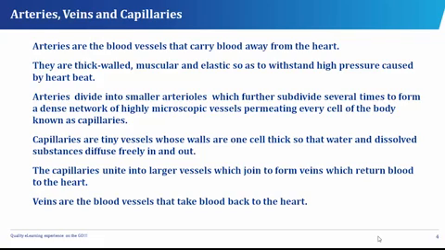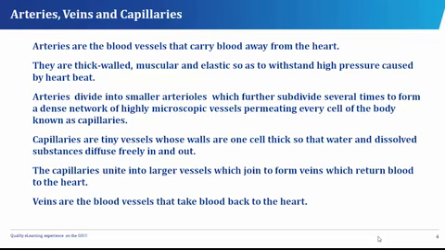Now, the arteries are thick-walled, they are muscular, and they are elastic, so as to withstand the high pressure with which the heart pumps the blood. We said arteries carry blood away from the heart, and the heart is pumping blood at a very, very high pressure. If you use something that is thin-walled to connect to the heart, for the heart to pump blood out, it's going to rupture.